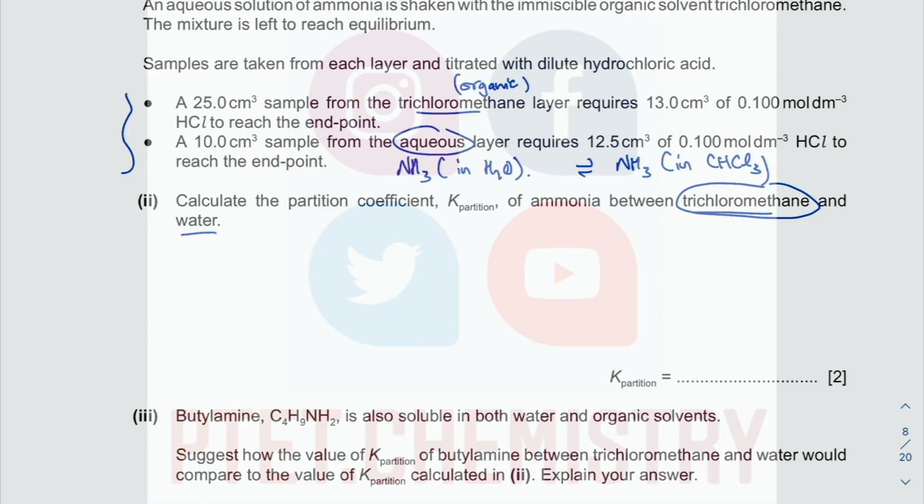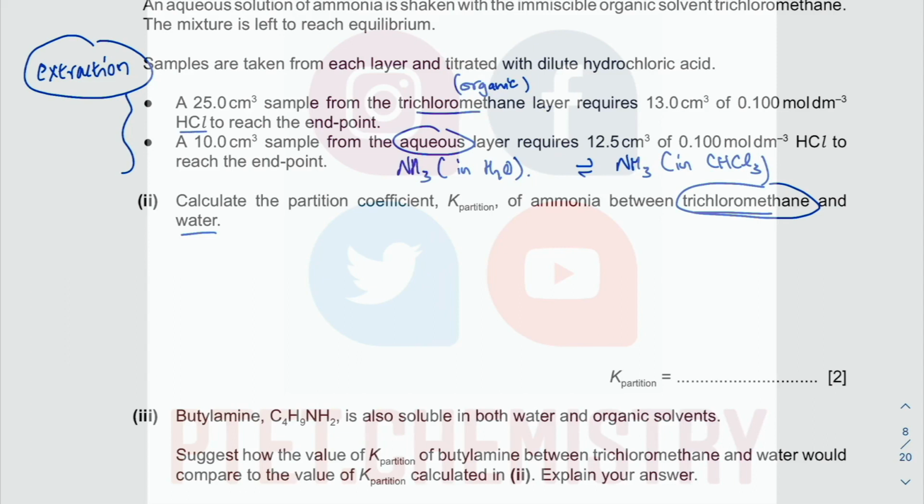This is the concept called extraction. You try to extract the NH3 into one of these two systems. We need to find the mole of NH3 in this, the mole of NH3 in this.